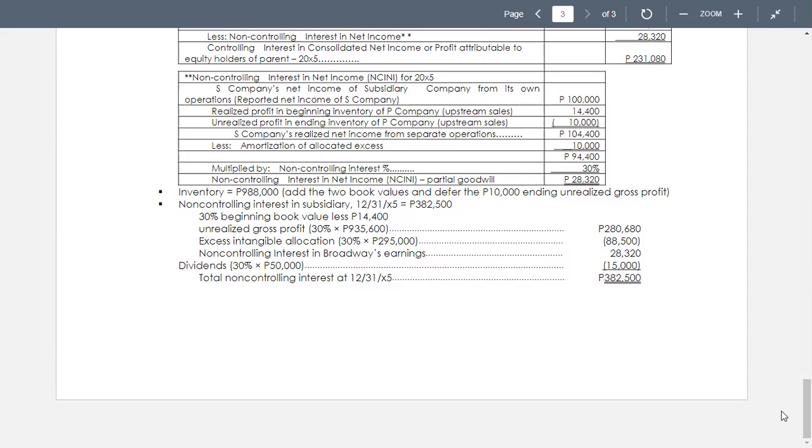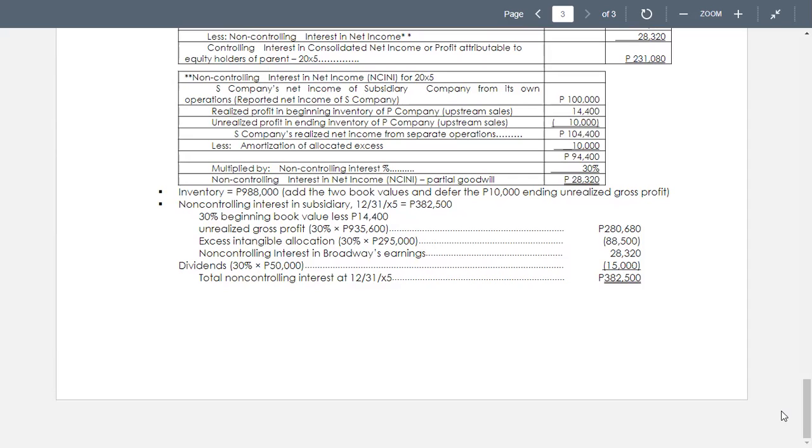180,000. Sold by Pine to Salad for 180,000. And sold by Pine, I mean to Salad and Tuna, for a total of 414. Realized profit in beginning inventory of S company, and the other one is unrealized profit in ending inventory of S company.